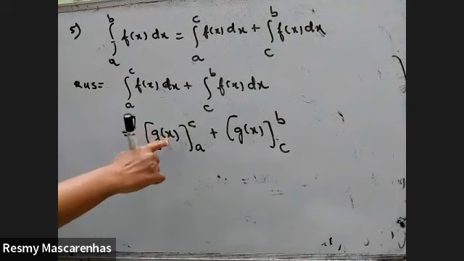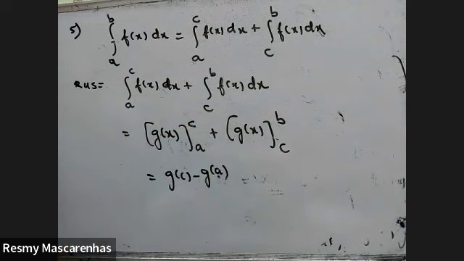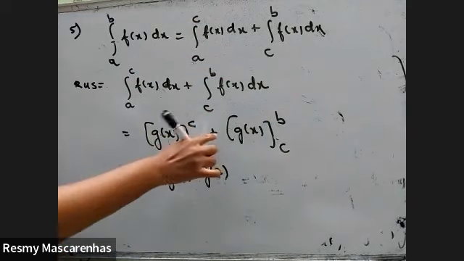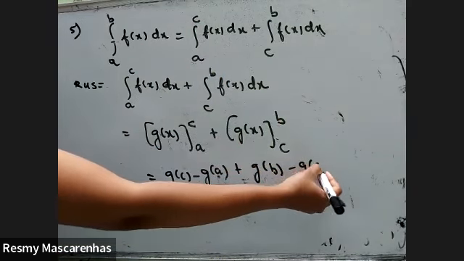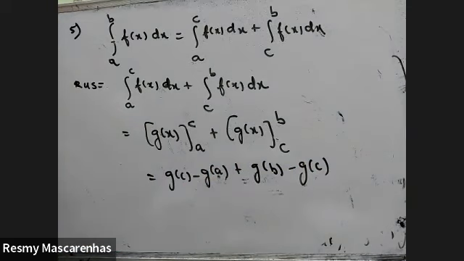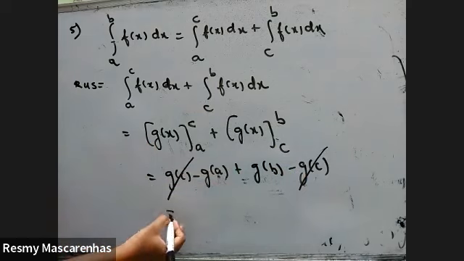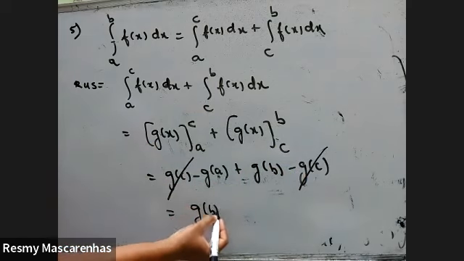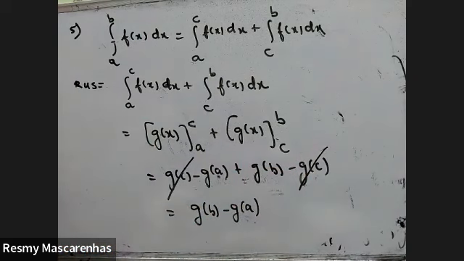Now substitute the higher limit minus the lower limit, again the higher limit minus the lower limit. G of c will cancel. Just write g of b first. But it is not still the same. So what we'll do, we'll solve the left hand side also.